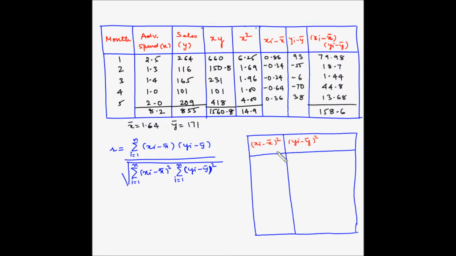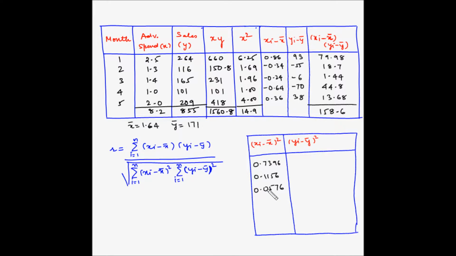So 0.86 square is 0.7396. Minus 0.34 square is 0.1156. Minus 0.24 square is 0.0576.